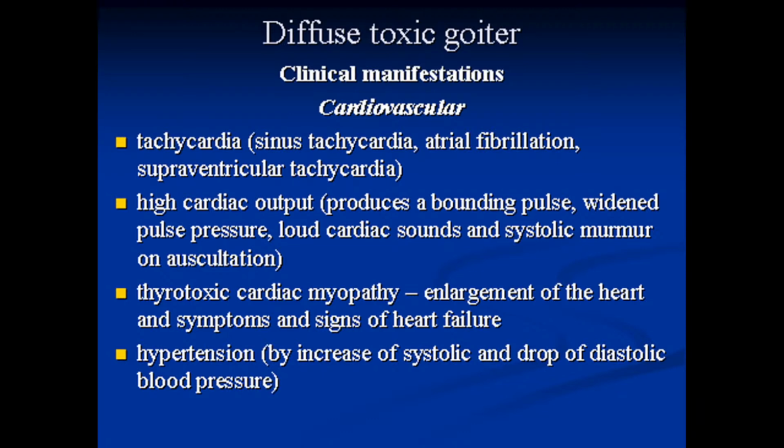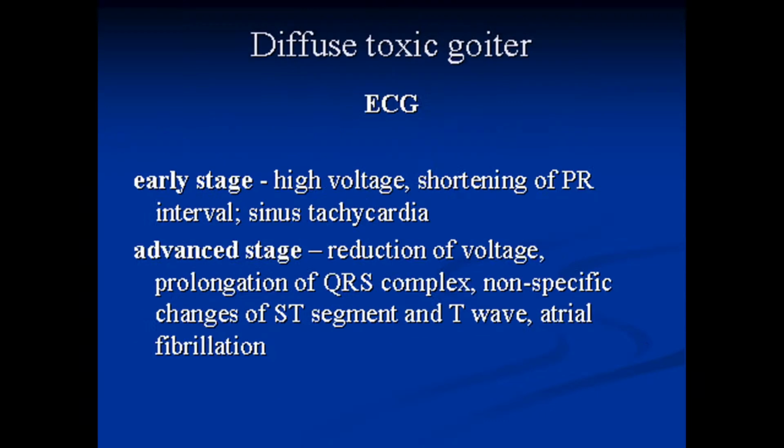There is high cardiac output initially. It produces abundant pulse, widened pulse pressure, loud cardiac sounds, and systolic murmur on auscultation. Thyrotoxic cardiac myopathy occurs. It's manifested by enlargement of the heart and symptoms and signs of heart failure. Arterial hypertension occurs because of increase of systolic and drop of diastolic blood pressure.